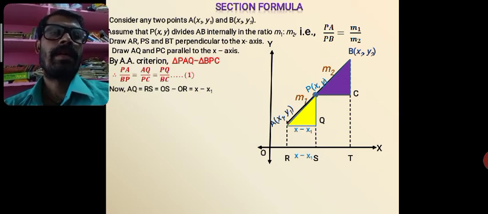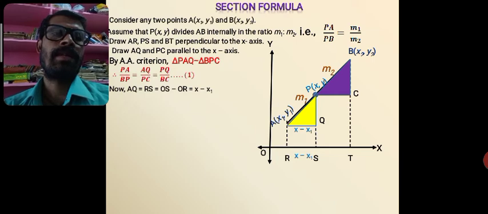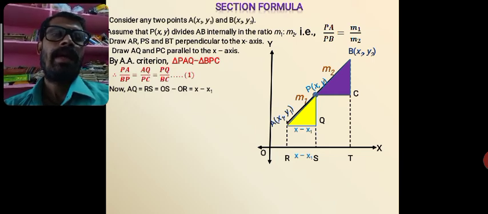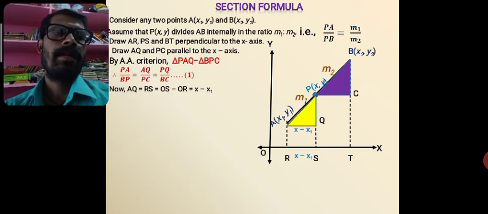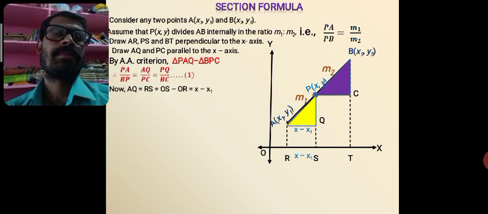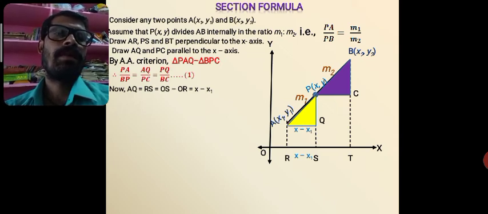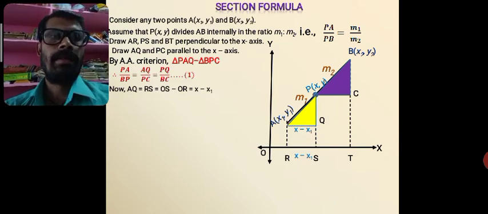Now you see, according to this coordinate geometry, AQ is equal to RS, which is OS minus OR. Here OS is x and OR is x1. Here x is greater than x1, that's why x minus x1 is AQ or RS, because those two are parallel and equal.